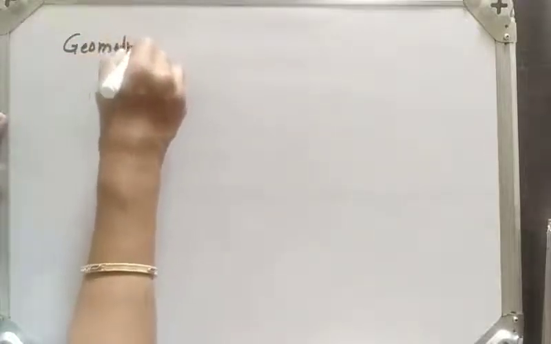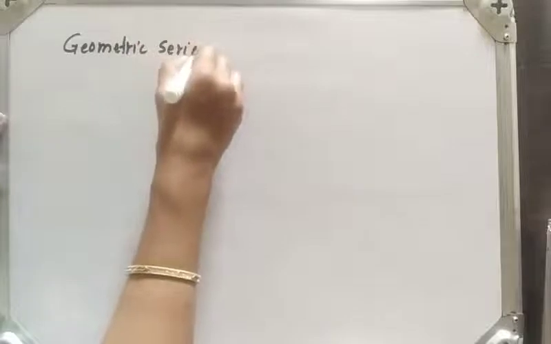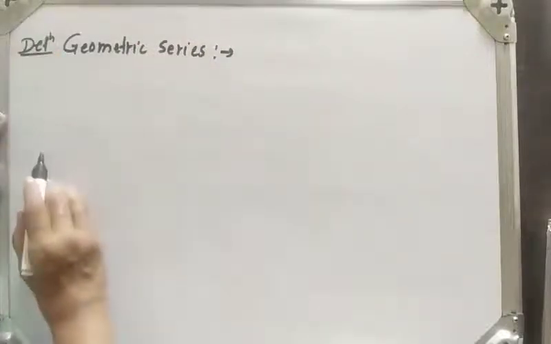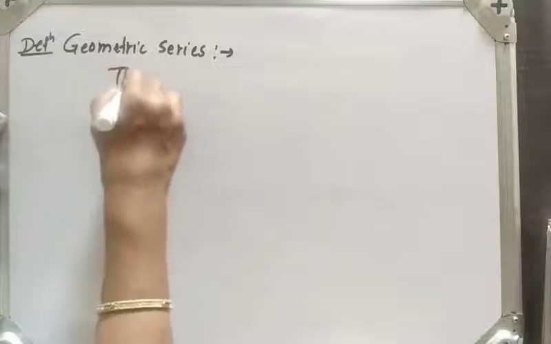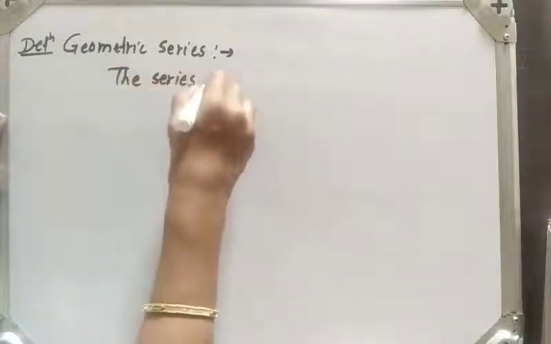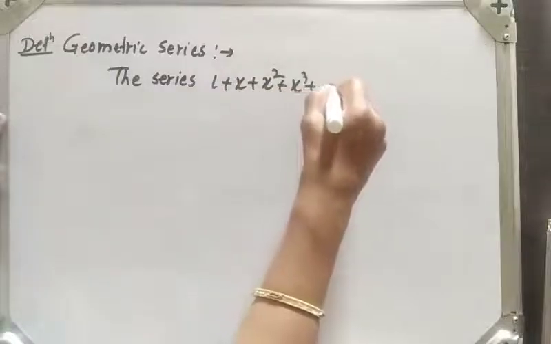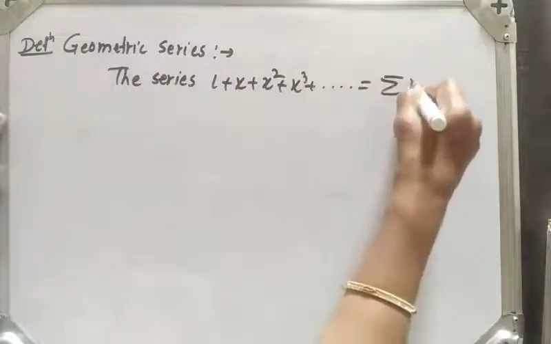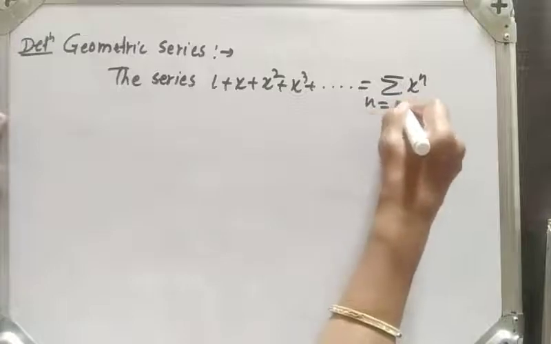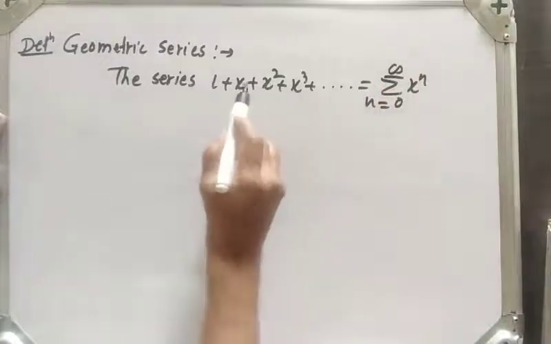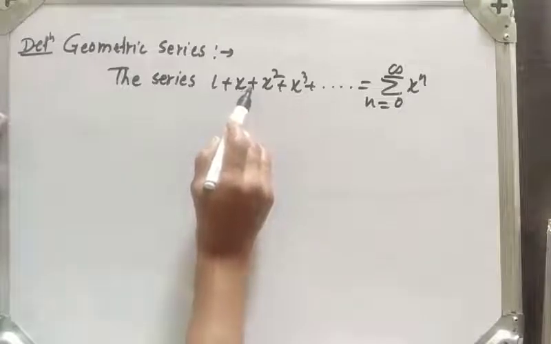Next topic is geometric series. Now what is a geometric series? Its definition: the series 1 plus x plus x square plus x cube plus dot dot dot, that is, the series sum of x raised to n, n varies from 0 to infinity, such type of series where x is a non-negative number.